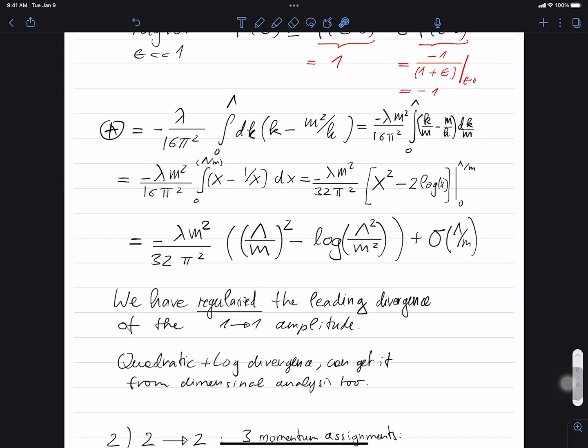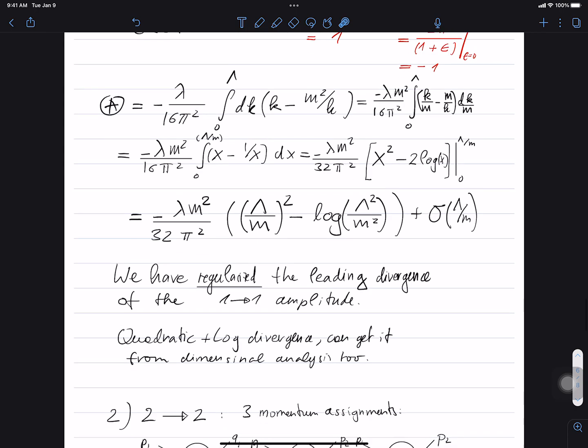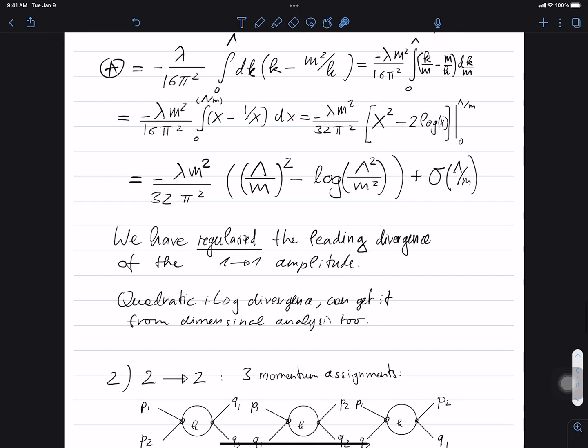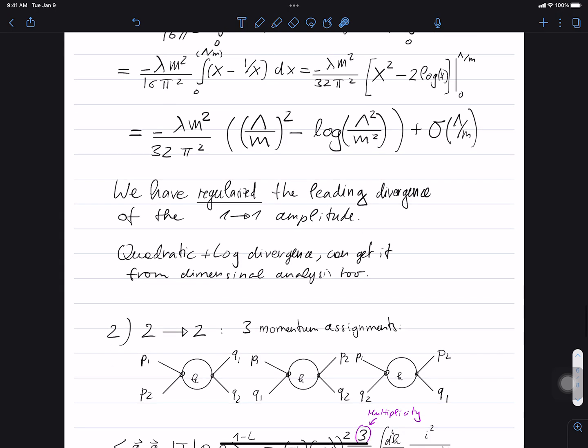And so we see that there is a logarithmic contribution and a quadratically divergent contribution to the prefactor lambda m squared divided by 32 pi squared. So now we have regularized the leading divergence of this 1-to-1 amplitude, and we will see how to handle it later. The main thing is we have control over the infinity. We know how it scales with growing momenta. That's the main message here.